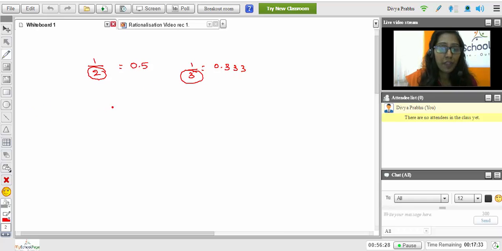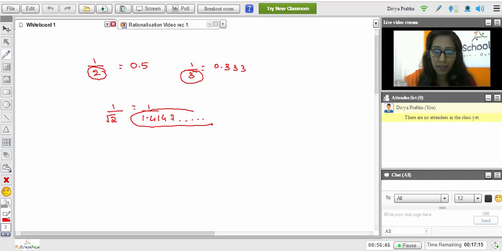Whereas when I take 1 by root 2, how will I divide it? Because the decimal expansion of root 2 is 1.4147, and it keeps going. We don't have a fixed number here, so how will we divide? Whereas with rational numbers, suppose I take 1 by 0.5, I can easily find the answer.